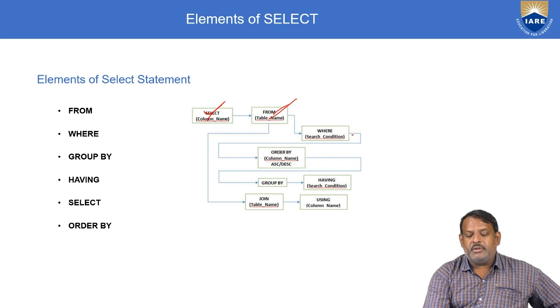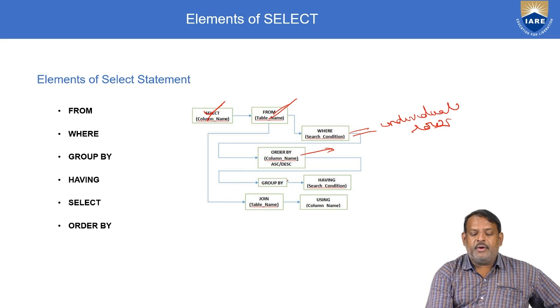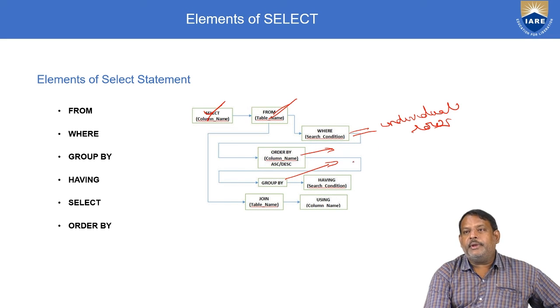We have the WHERE clause to filter out individual rows. Then we had ORDER BY, used to sort the data. Then we have GROUP BY, to group your data. And in order to filter the grouped data, use the HAVING clause.